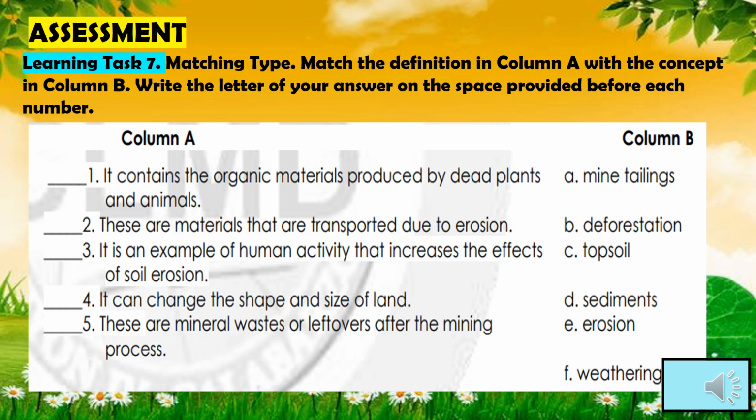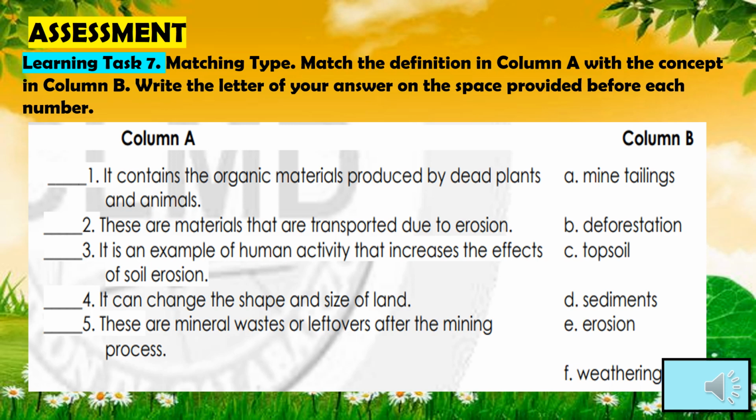For number 2, these are materials that are transported due to erosion. Number 3, it is an example of human activity that increases the effects of soil erosion. And number 4, it can change the shape and size of land. And number 5, these are mineral waste or leftovers after the mining process.